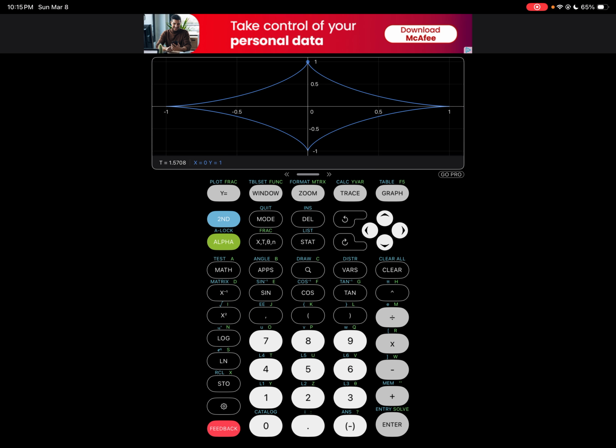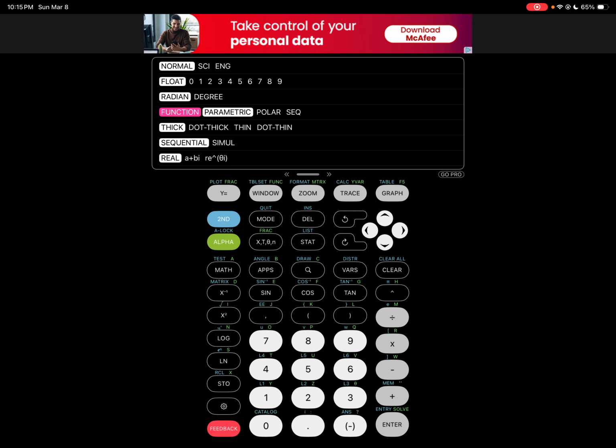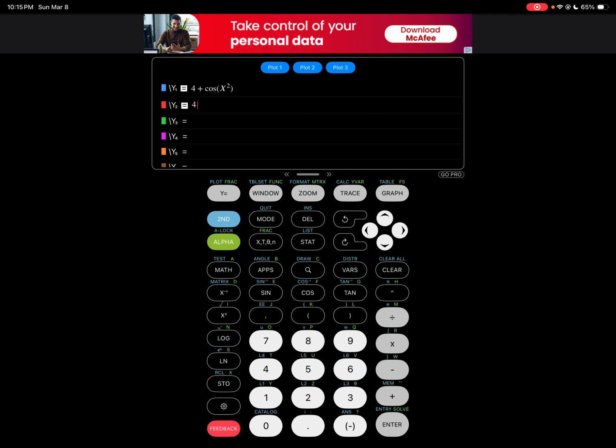I can't really do this in parametric mode, so I'm going to convert this back into function mode so that I can plug in a cosine and sine, because unfortunately, unlike the previous problem, we need to take the derivative of this. That's not going to be fun.